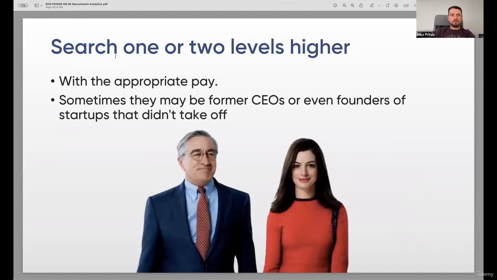If you want to consider different levels, you may want to consider people from higher levels, and don't be scared, because people are sometimes interested in lower level positions for different reasons, like in this film, right?